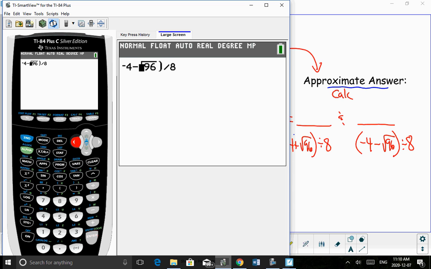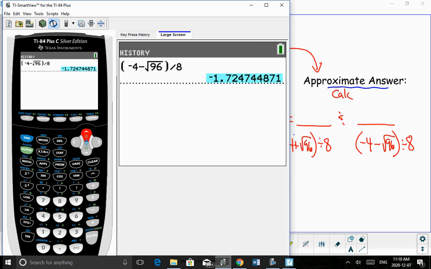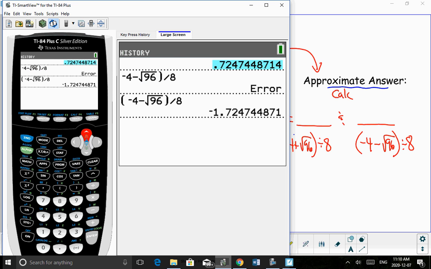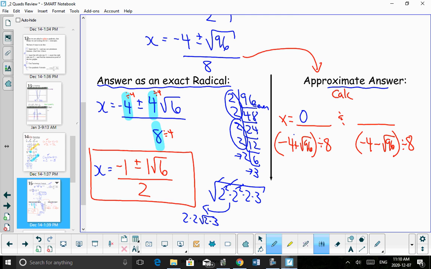I forgot my first bracket here. Let me just go back and put that in. Okay, so the first one was 0.7 and the other one was negative 1.7. So 0.7 and negative 1.7.